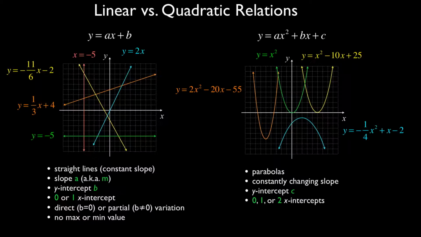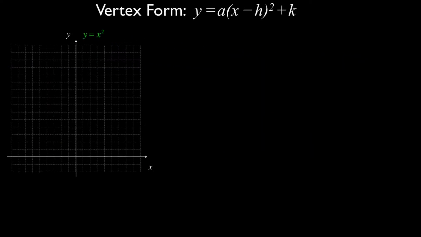You do have either a maximum value or a minimum value on the curve, and we spend a lot of time examining the max and min values in our applications. So now I'd like to have a look at that y equals x squared curve, the parent function, or the parent relation, and look at some of the patterns and characteristics that we see in it.